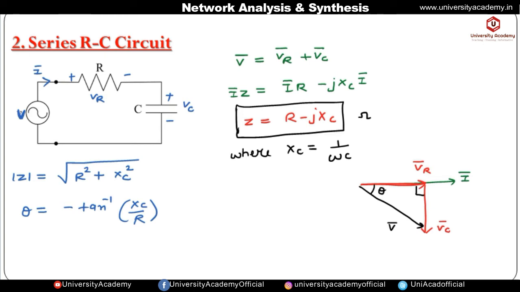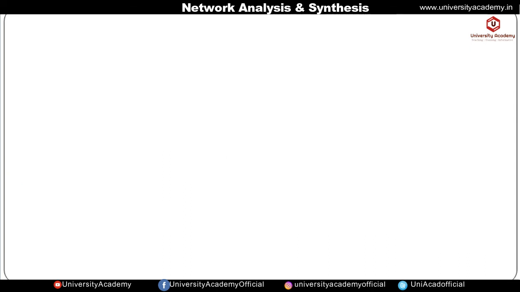So if we consider this voltage triangle, let us consider only the magnitude. This is VR, this is VC, and this is total voltage V. This is theta angle and this is 90 degree.